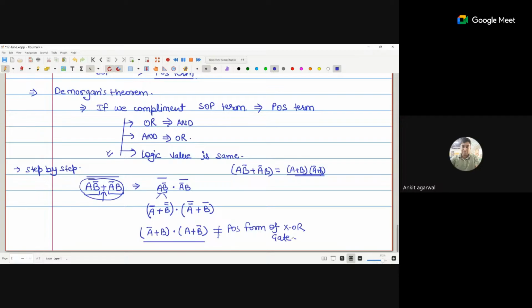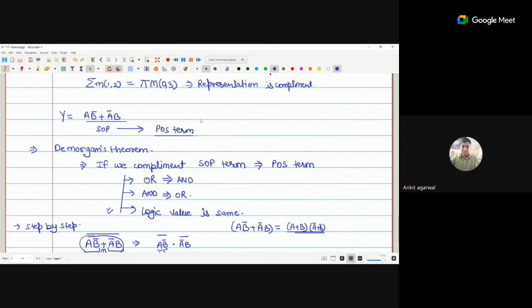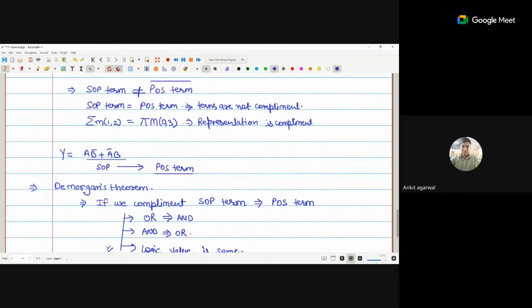So what is the meaning of that? The SOP term is not equal to the POS term bar, or we can say the POS term is not equal to the SOP term bar.